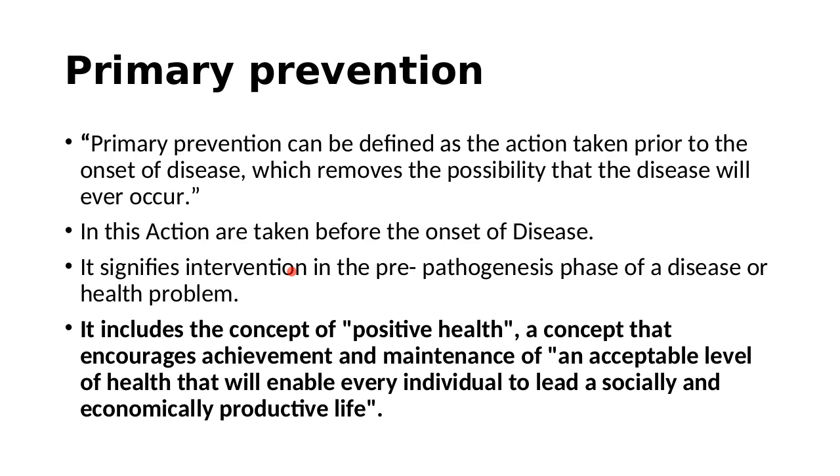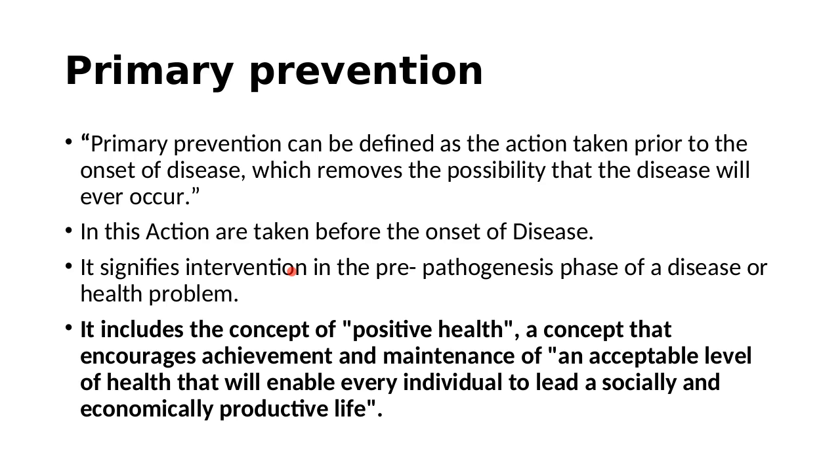So actions are taken before the onset of the disease, which signifies intervention in the pre-pathogenesis phase of a disease or health problem. It brings some intervention before the disease has started to occur. The infection has not yet occurred. So primary prevention will just remove the risk factor, and hence the person will not be infected.